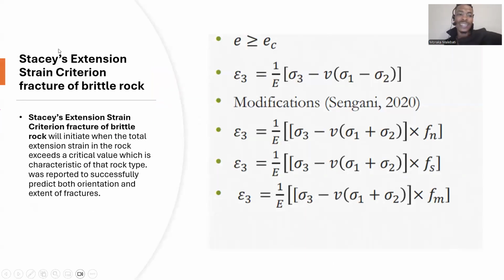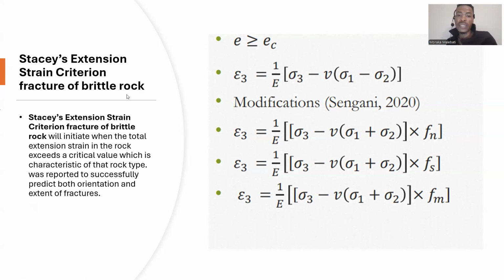Now, last but not least, the extension strain criterion, for fracture of a brittle rock. This states that fracture will initiate when the total extension strain in the rock exceeds a critical value. As long as you exceed that limit, the material will fail. This was reported to successfully predict both the orientation and extent of fracture.